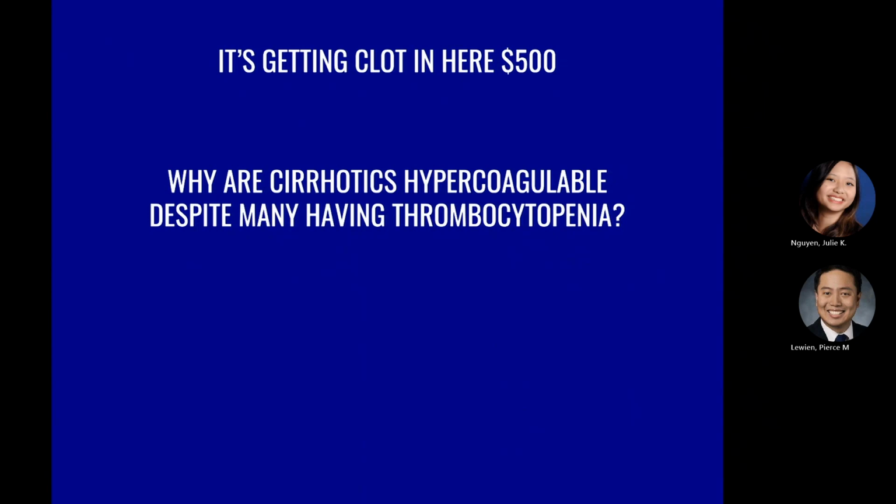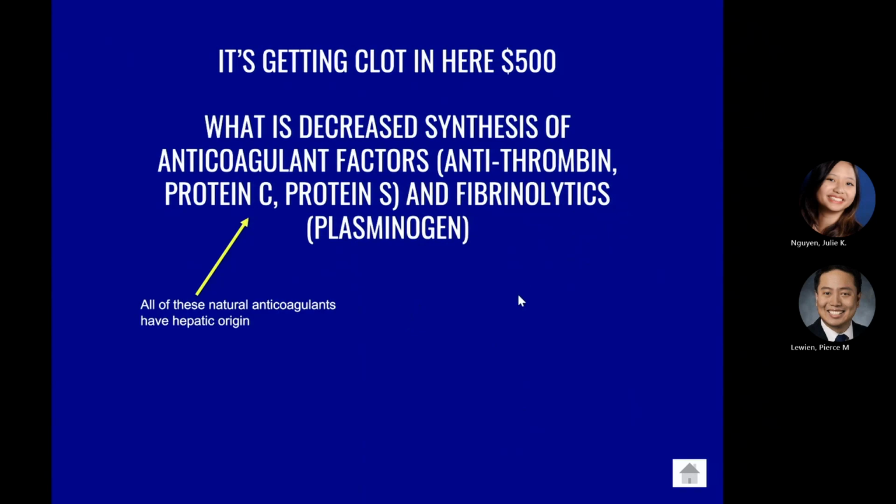Mm-hmm. Did you say protein C and S? Yes. So basically all the natural anticoagulants that our body should have, protein C, S, antithrombin, and the fibrinolytic plasminogen, all have hepatic origin. So once the liver goes down, no organ is producing these factors. So you lose that natural anticoagulant action in the body.